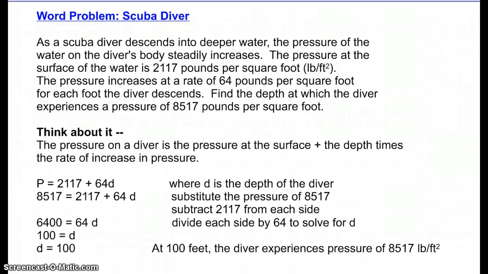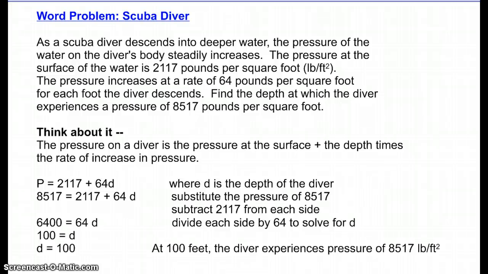So think about the problem first. The pressure on a diver is the pressure at the surface plus the depth that he's going times the rate of increase in pressure per depth, right? So we're going to keep increasing the pressure as we go down. They told us the rate that the pressure increases, so if we know how many feet we're going down, it will tell us how much total pressure there is.